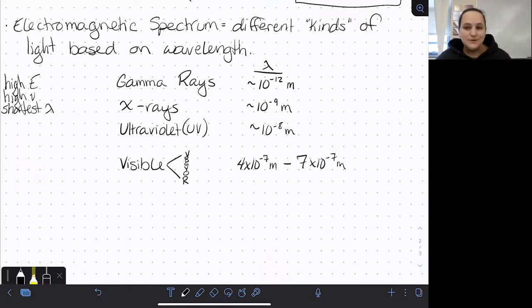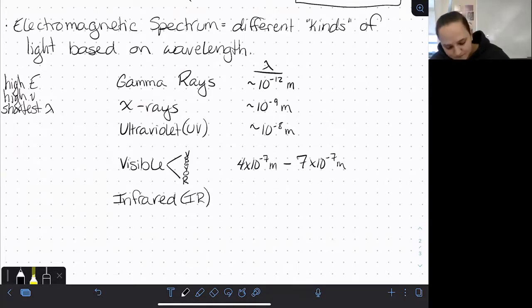Just below visible, just below red in the energy spectrum here, is the infrared, also known as the IR region of the spectrum, which has wavelengths on the order of 10 to the minus 5th meters or so.